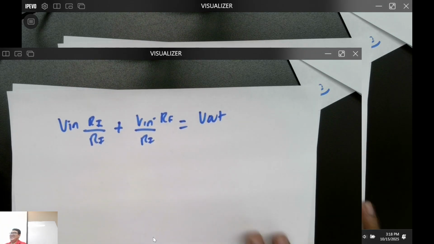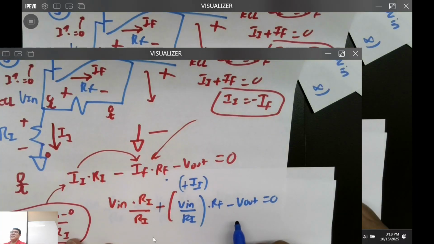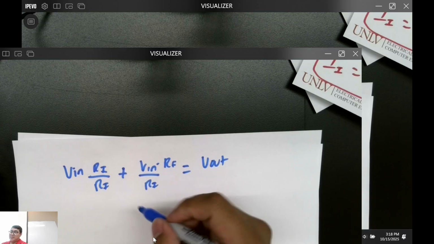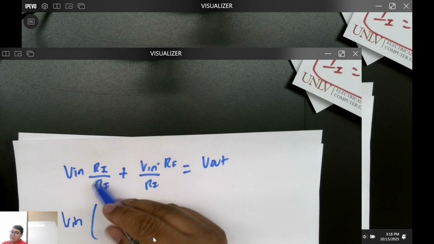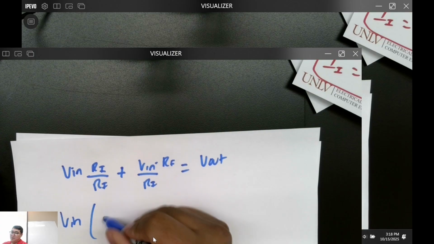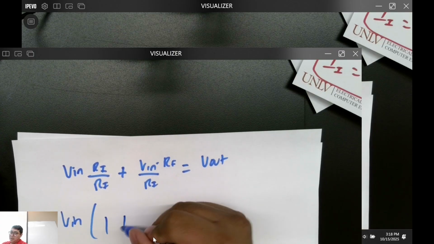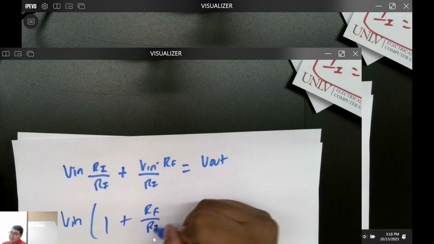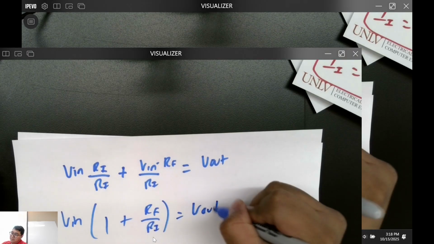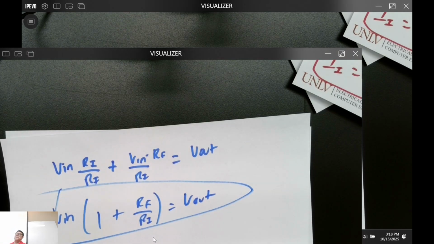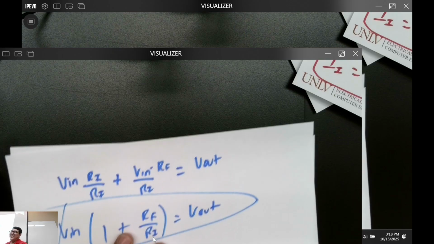I skipped a step. I just moved this Vout to the other side. Is that good? Combine like terms. Vin, can we say that this Ri and this Ri is just 1, plus Rf over Ri? Boom. Proved it the hard way. Who wants to use my easy way? Heck no, I don't understand.